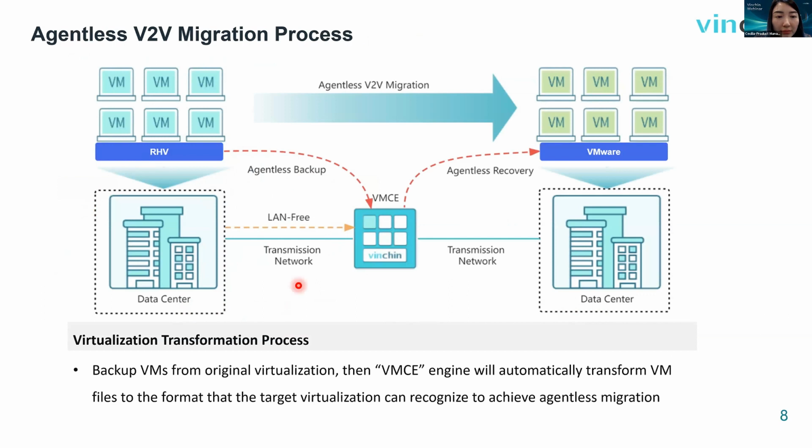This will not impact your production area. Then perform the normal restore job by just selecting to restore to another new platform. Our built-in VMCE will automatically transfer virtual machine files to the format that's compatible with the target virtualization to achieve the agentless cross-platform migration.